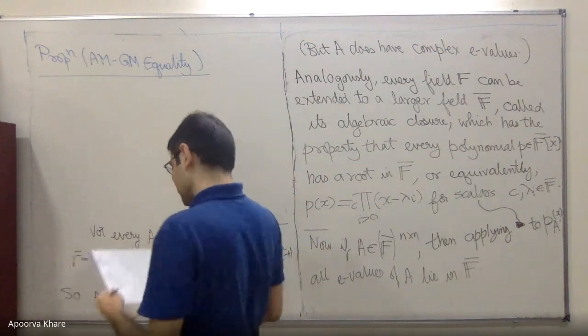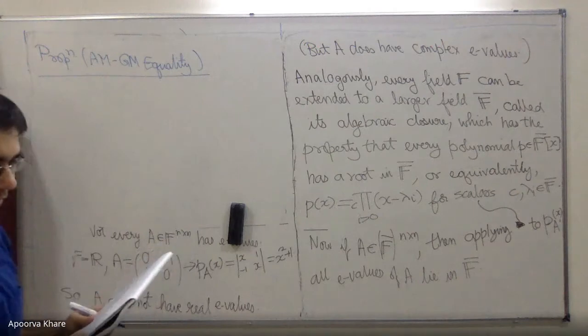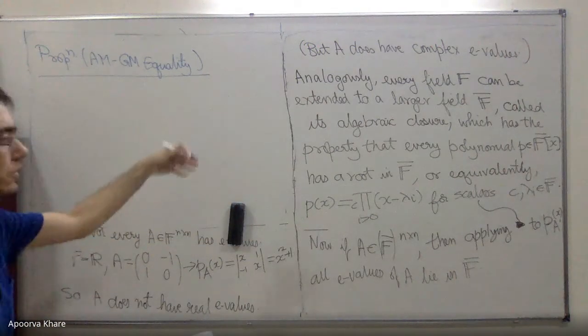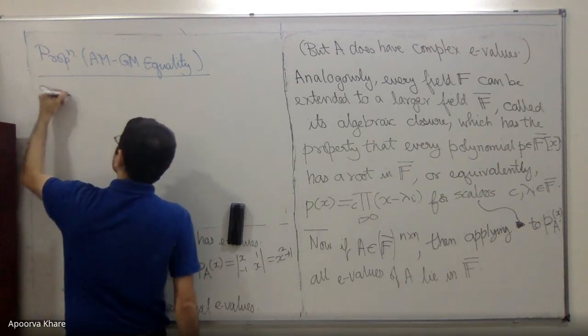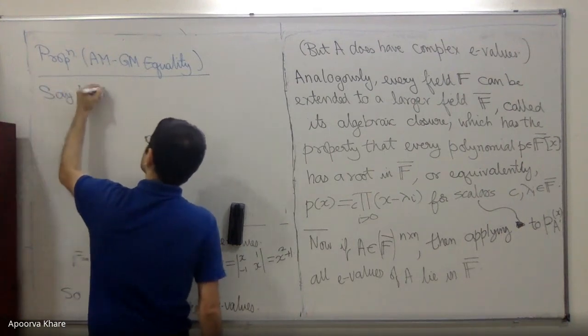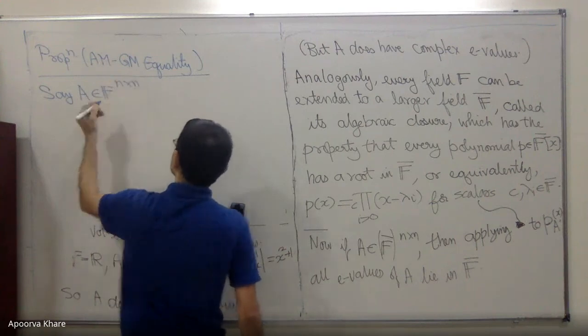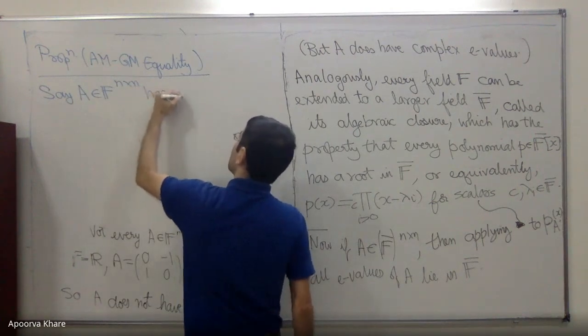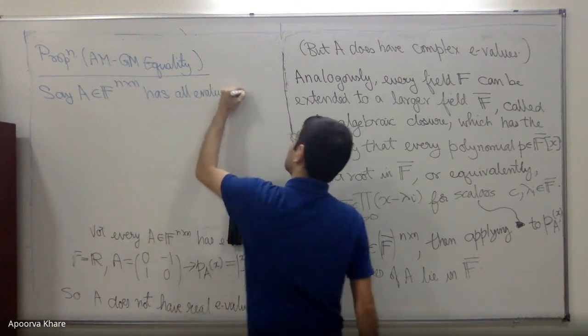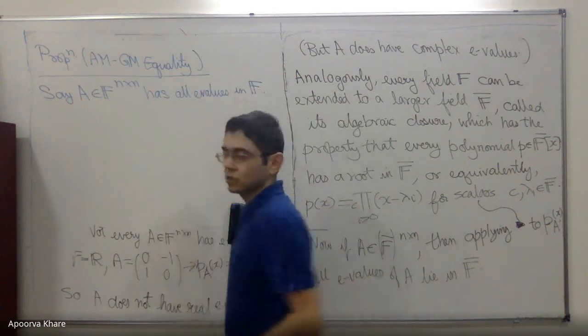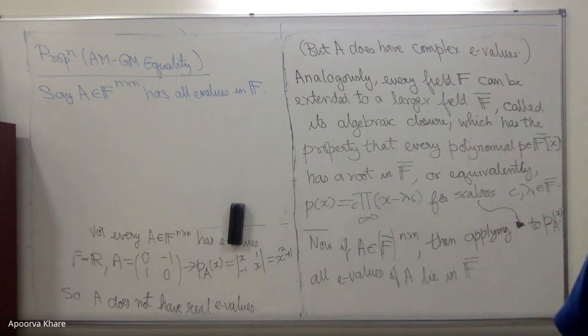Okay, so suppose, I'll state this one for matrices because there's some algebraic closure stuff. So say A belongs to F to the n cross n and has all eigenvalues in F. One special example of this is if the field is algebraically closed.